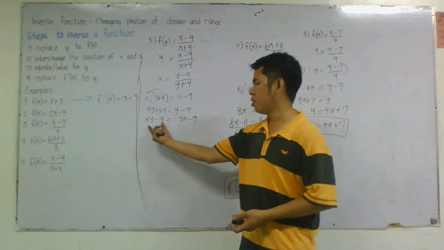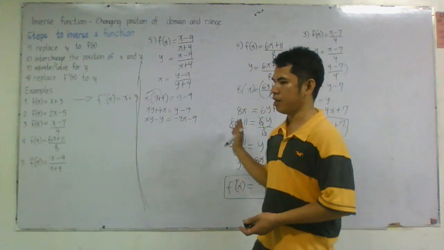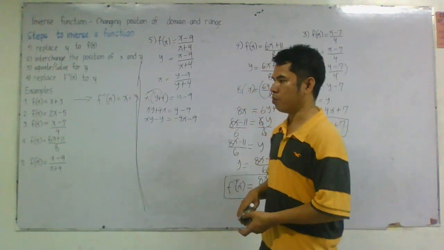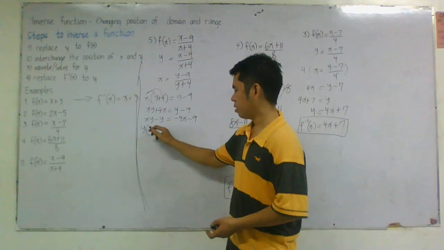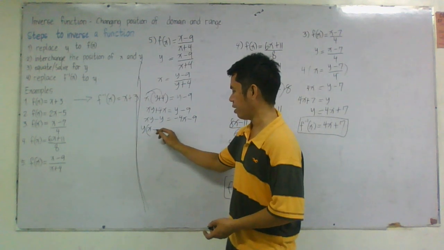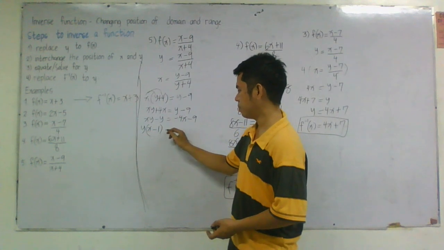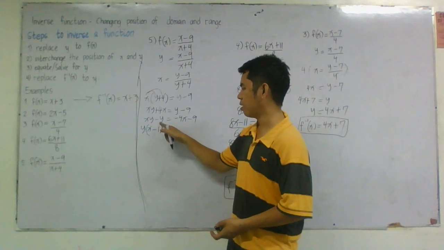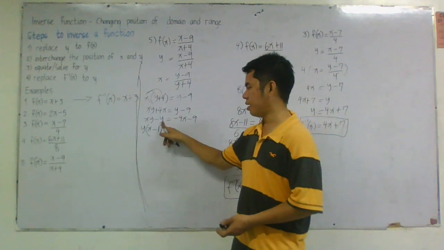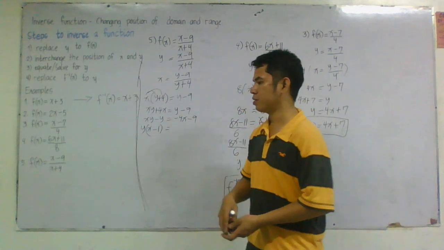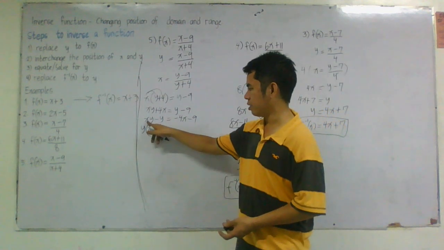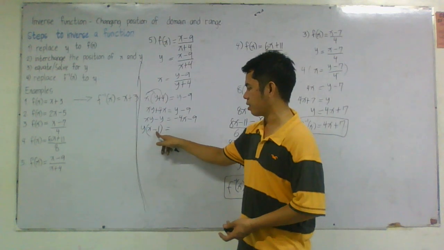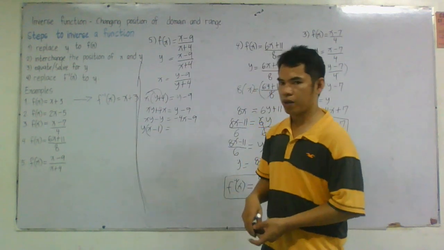Okay? So how can we isolate y? The common monomial is y, so we can factor out the y variable. If we factor out y, that will become x minus 1. Right? If we factor out y from y, the remaining is 1, because y times x is xy and y times negative 1 is negative y, so it is the same value.